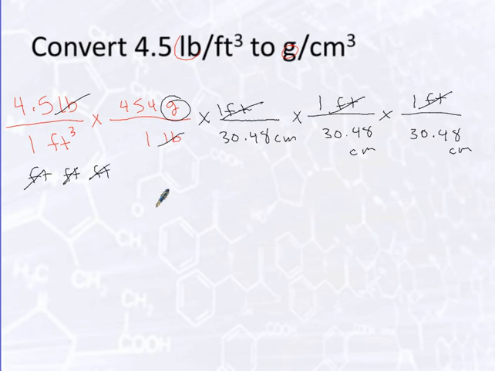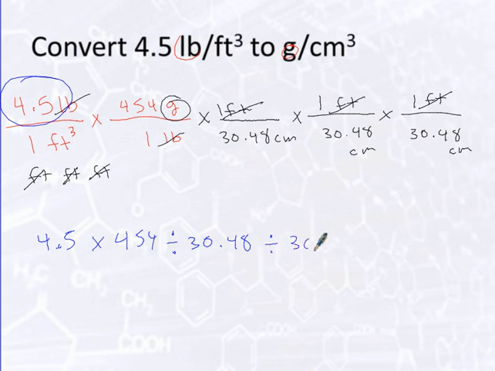Okay, so let's go ahead and let's start this. I take 4.5, plug that in my calculator. Okay, and I move on down the conversion factors, or right on down the line, and 454 is on top, so I multiply that by 454, and I go on down. 30.48 is on the bottom, so I divide that by 30.48. 30.48 is on the bottom again, so I divide it by 30.48, and it's on the bottom again, and I divide one more time by 30.48, and I get my answer.